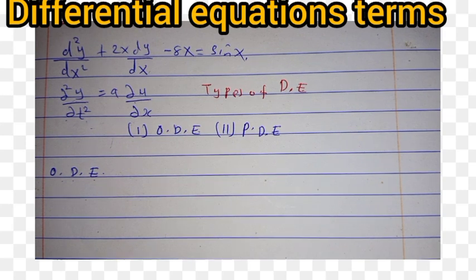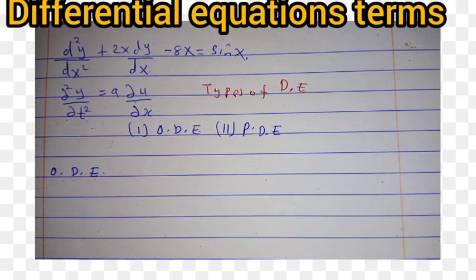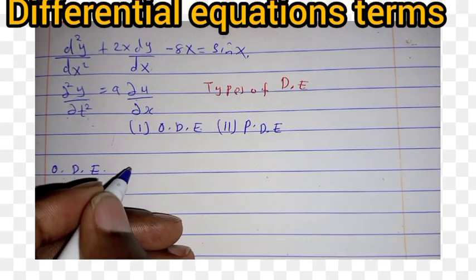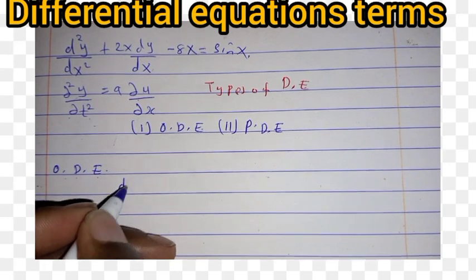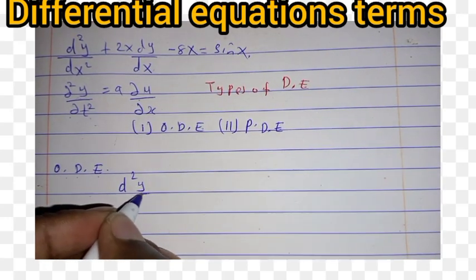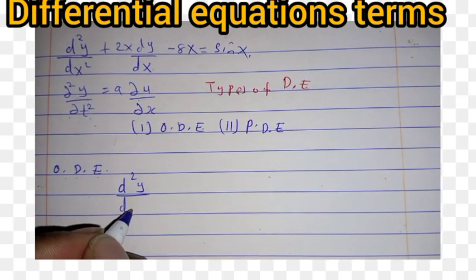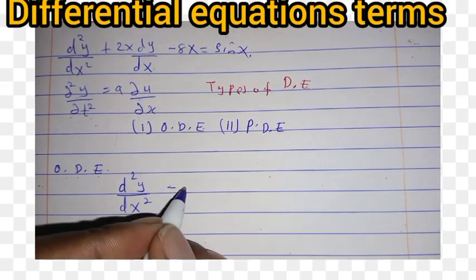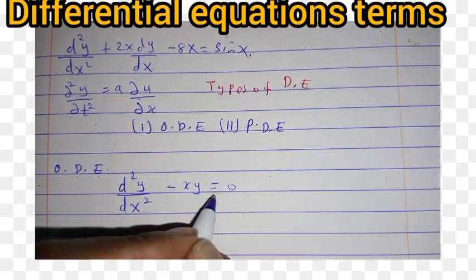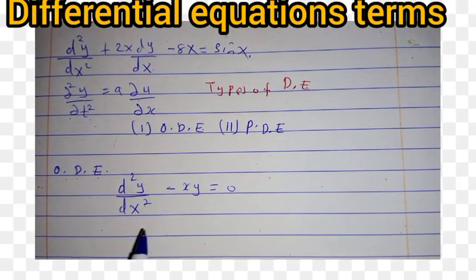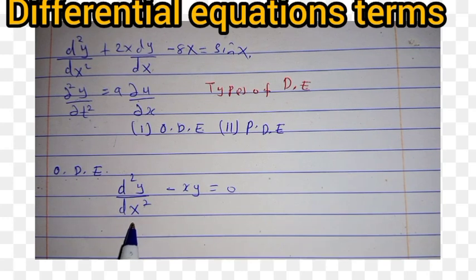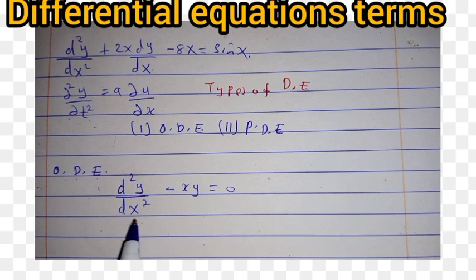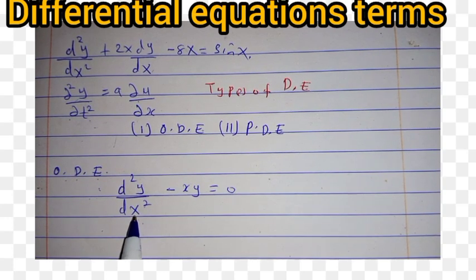For example, when you have the second derivative of the function y with respect to x minus xy is equal to 0. This is an ordinary differential equation because the derivative involves only one independent variable.